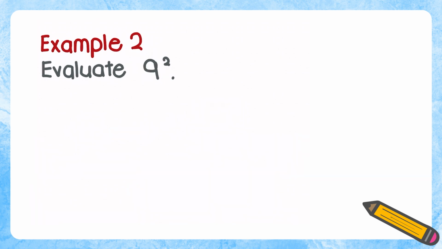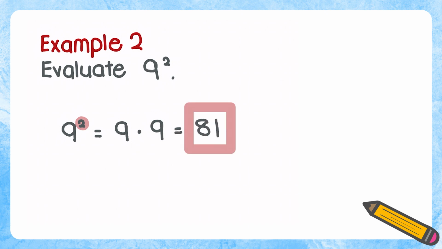For example 2, let's evaluate 9 squared. This is the same thing as saying 9 times itself, 9. And since 9 times 9 is 81, 9 squared equals 81. Here, we're going to evaluate 15 squared.